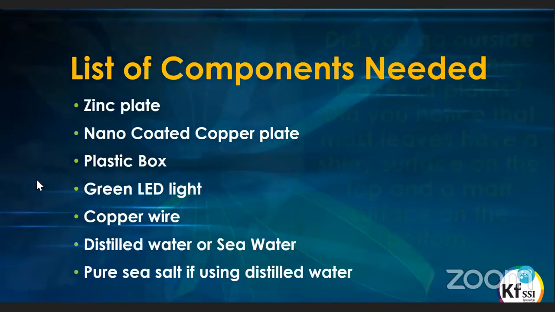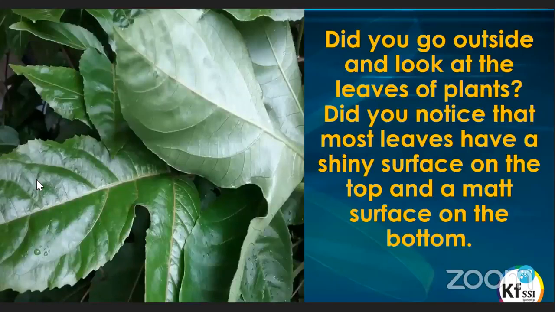I ended off last session by showing this picture of the leaf. Did anybody go outside and notice that your leaf has a shiny side and underneath has a matte side? All we're going to be doing is replicating that leaf.